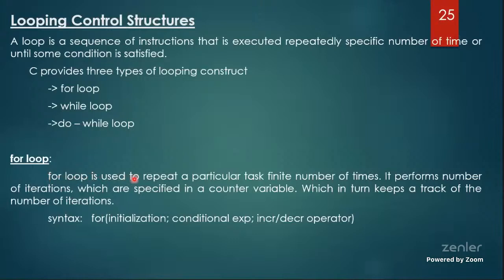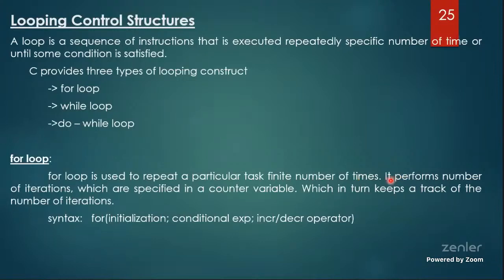So for loop is used to repeat a particular task a finite number of times. Finite number of times means, as a programmer, you should know how many times you want to print. If it is 10 times, to execute 10 times, you have to write a condition.